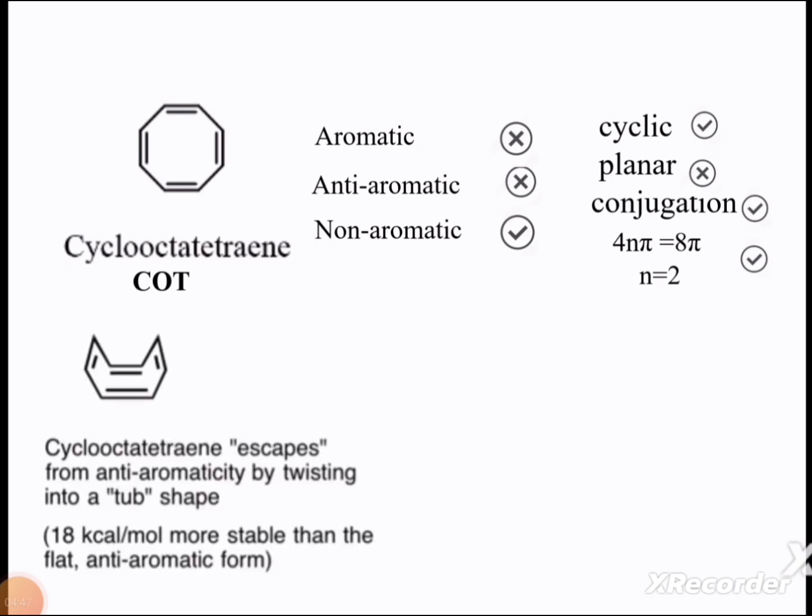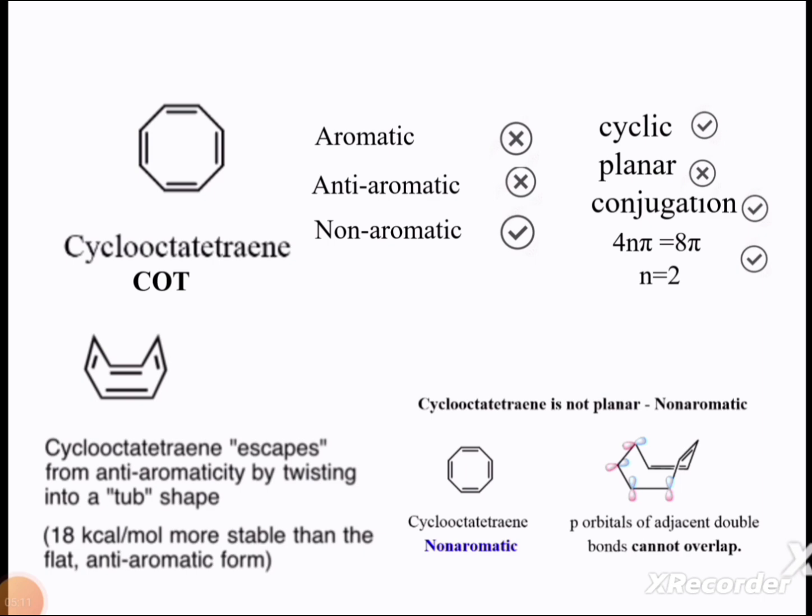cyclooctatetraene, COT, remains in a tub-shaped, non-planar shape, because in the non-planar shape it is about 10 kilocalories more stable than the planar structure. That's why COT is not aromatic and not anti-aromatic; it is non-aromatic in nature. This is the reason why we consider COT a non-aromatic compound.